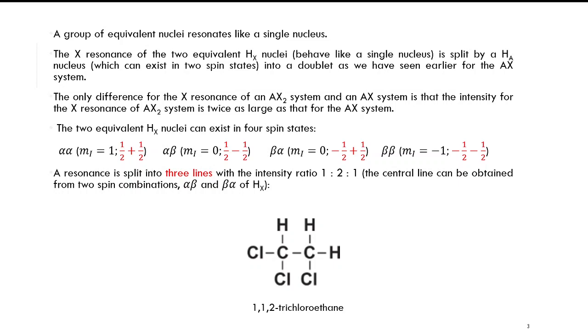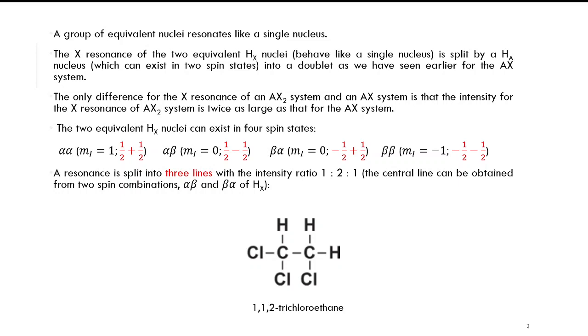We have done the AX system, so we know that for the two equivalent nuclei, it's the same as we have seen before, and clearly you have a resonance which is split into three lines, because this 2 is actually equivalent.